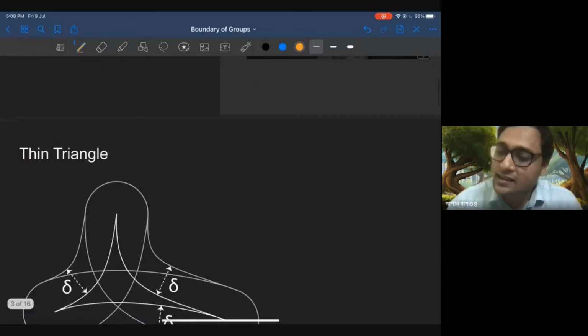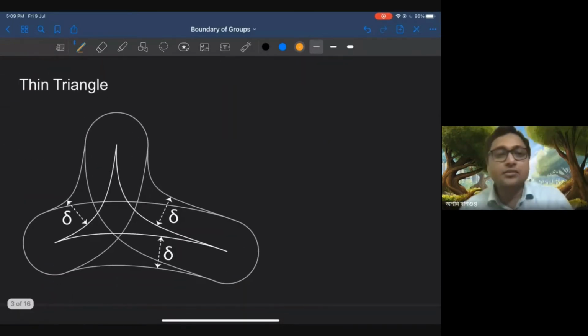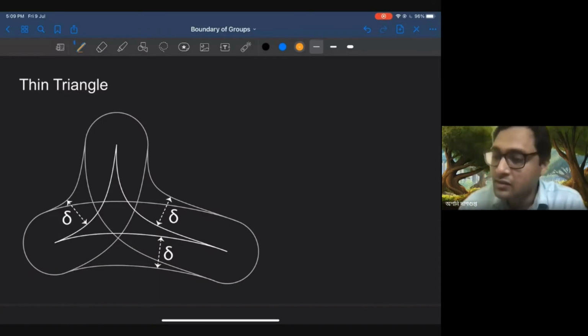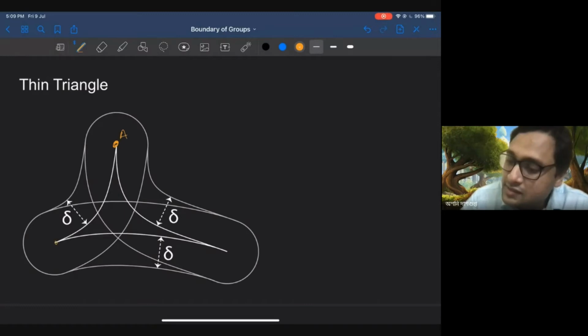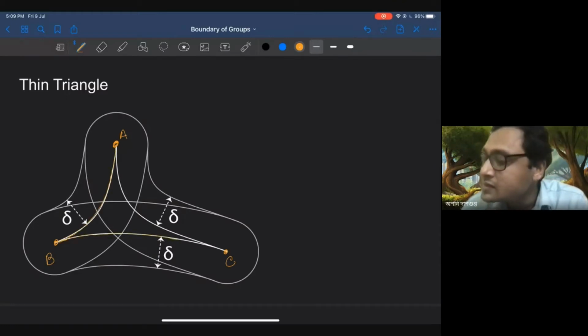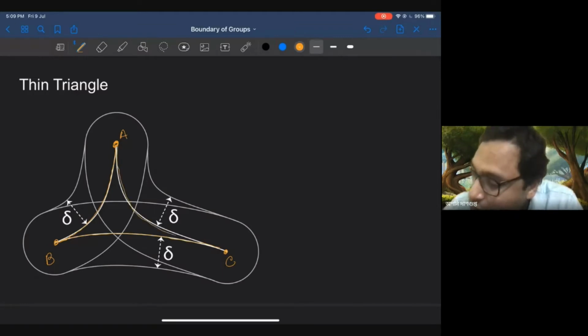To do that, we will try to understand something called thin triangles. Suppose ABC is a triangle. AB is one of the sides, BC is one of the sides, and CA is one of the sides.